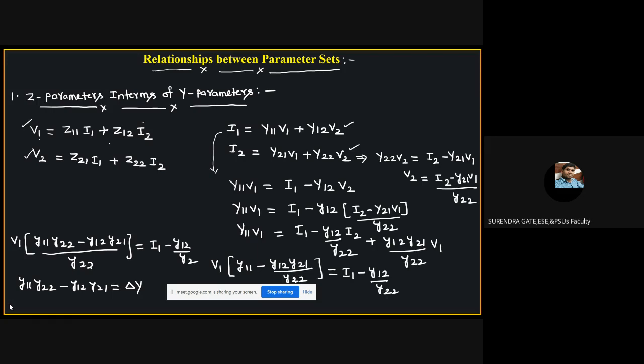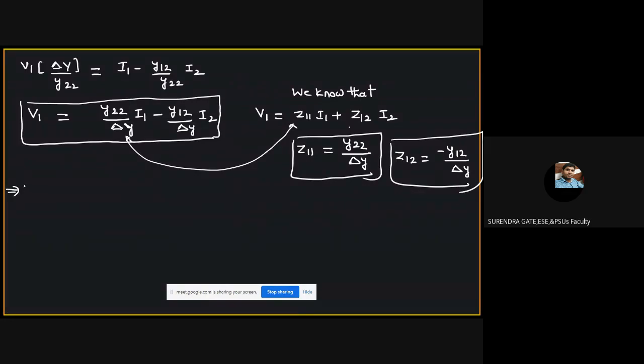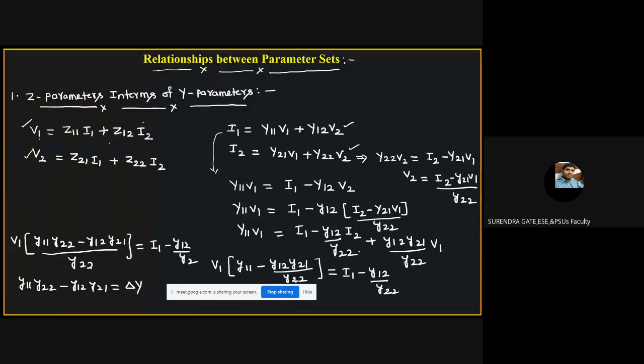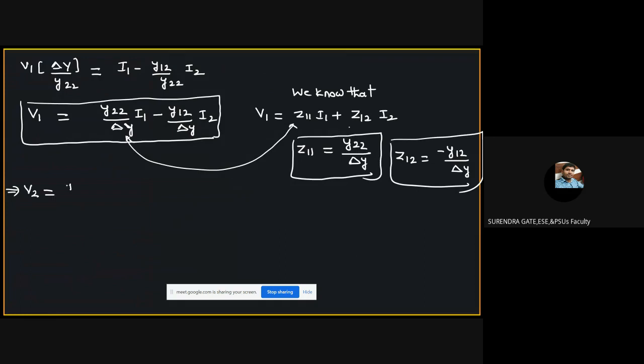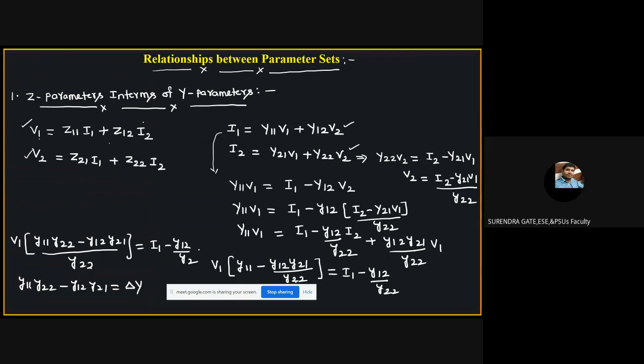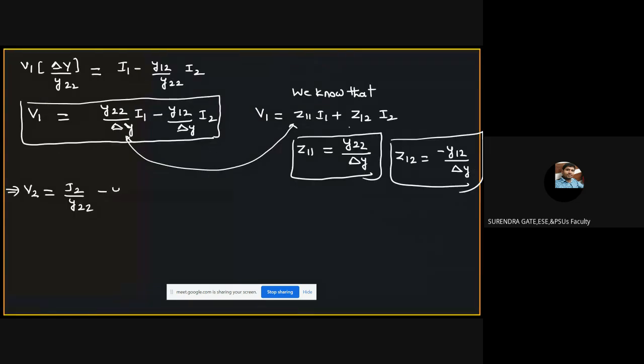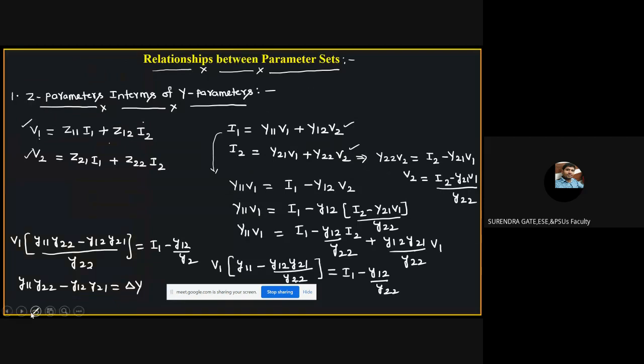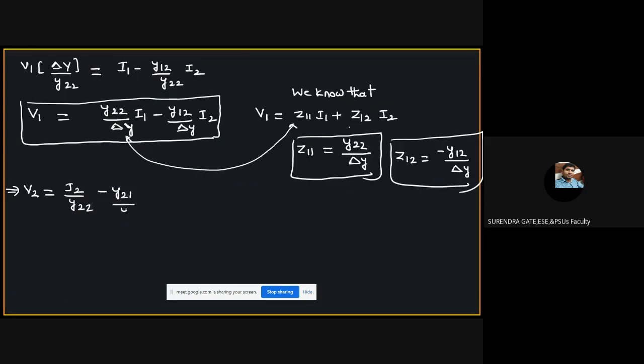Okay. Now see, what is V2 from this one? V2 equal to I2 by Y22 minus Y21 by Y22 into V1. But what is the V1?